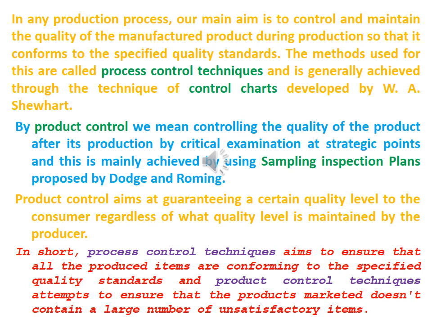In short, process control techniques aim to ensure that all the produced items are conforming to the specified quality standards, and product control techniques attempt to ensure that the products marketed don't contain a large number of unsatisfactory items.